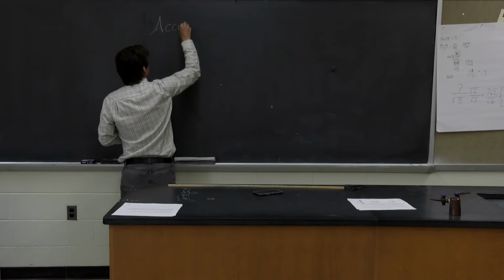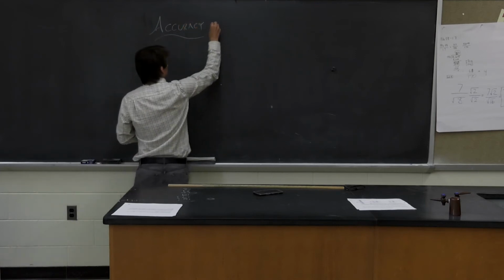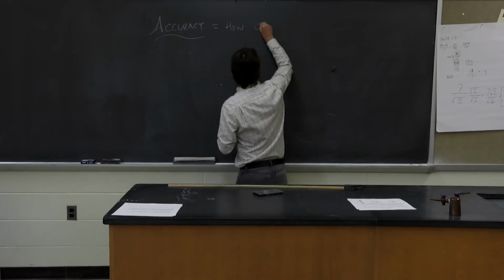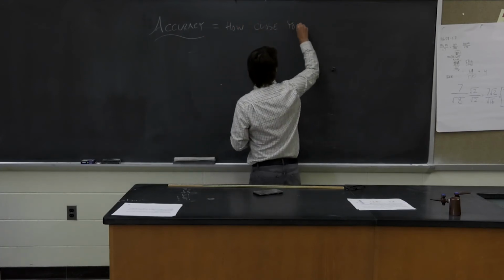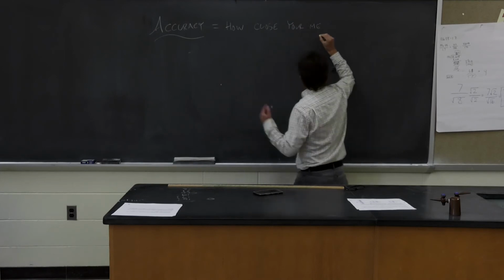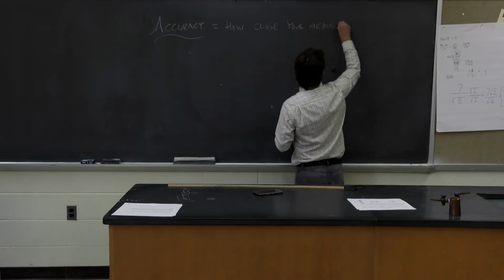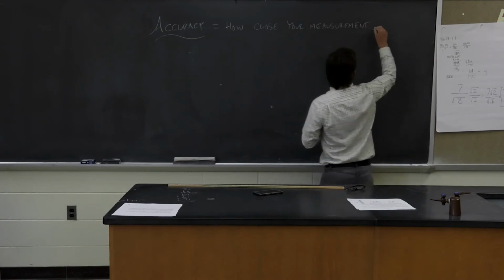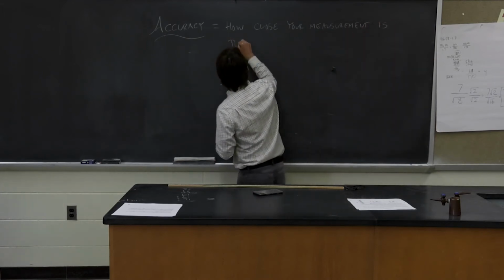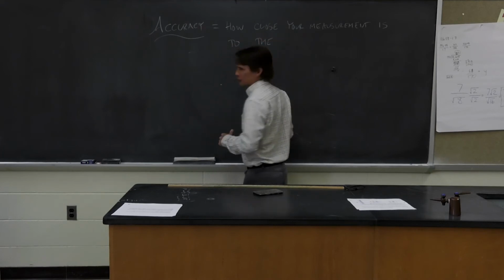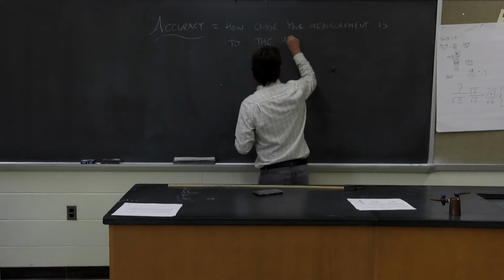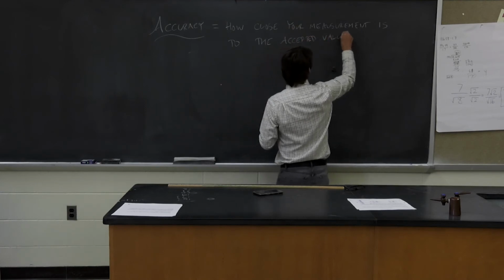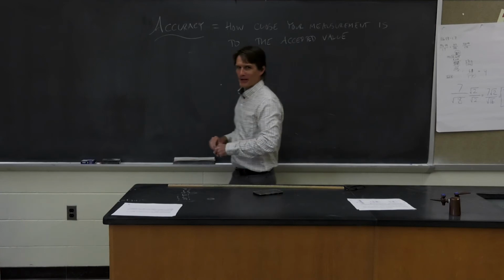Accuracy, that is going to be how close your measurement is to the truth. How correct it is. And instead of the truth, we're going to put the accepted value, because we never really know if we're right or not in science.